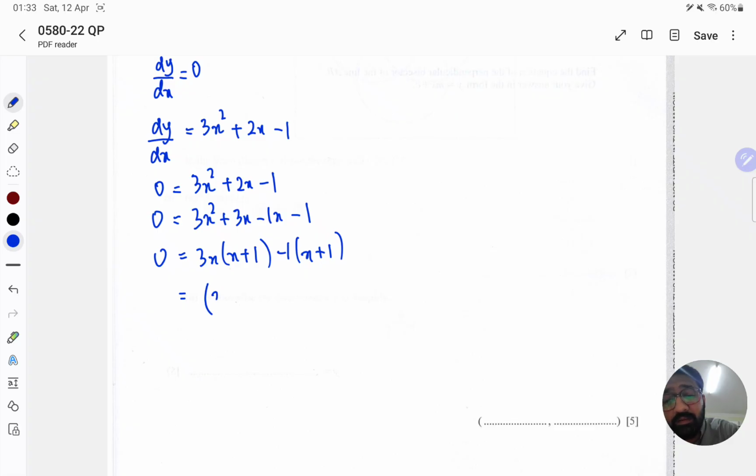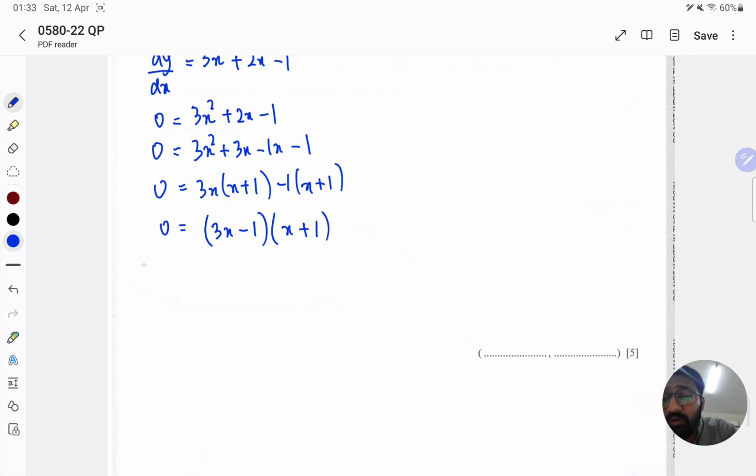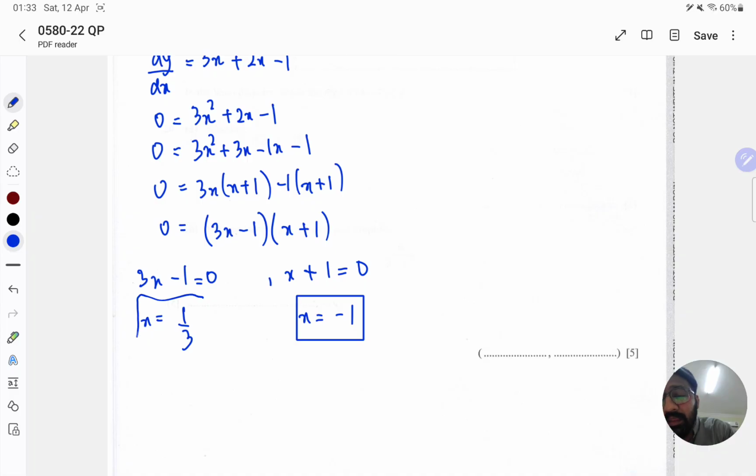So the pairs, it will be 3x minus 1, and the bracket which is repeating itself is going to be written once. So we will put both these brackets equal to 0 to find the values of x at the stationary points. So one value of x at one stationary point is minus 1, and the other value of x is 1 by 3 at another stationary point.